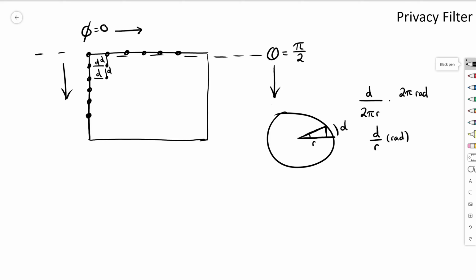So this is phi, and at the next point it's 0 plus d over r, and then at the next point it'll be 2d over r. Similarly for theta, this point will be pi over 2 plus d over r. Then the next one will be pi over 2 plus 2d over r.